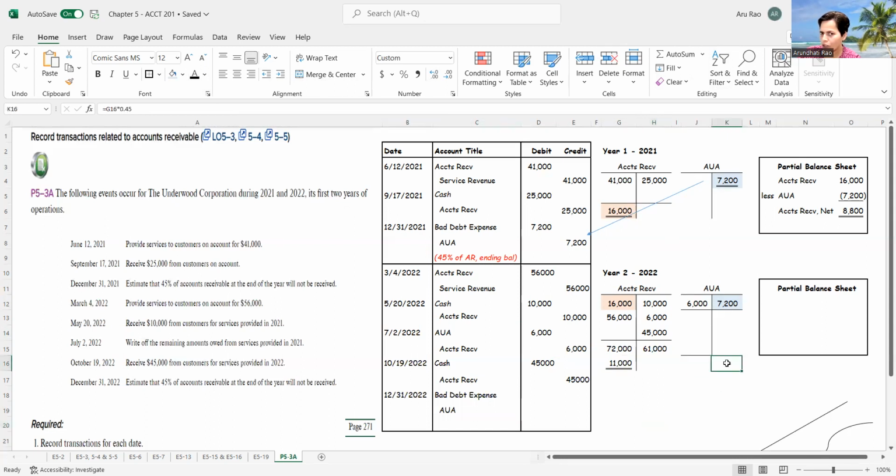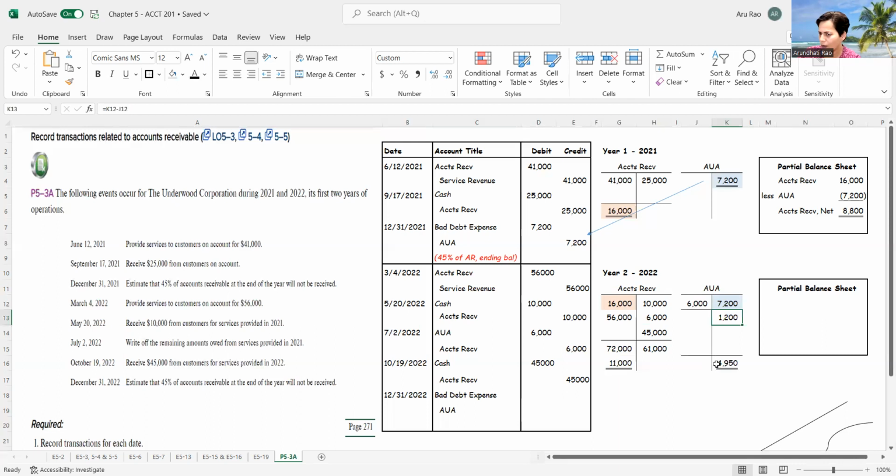Now, of this 11,000, I'm saying I am not going to collect 45%. So my calculation over here is 4,950 is not going to be collected. 4,950 will not be collected. How much do I have in the allowance for uncollectible account? 72 minus 6. I'm doing a sub calculation over here. It's a subtotal.